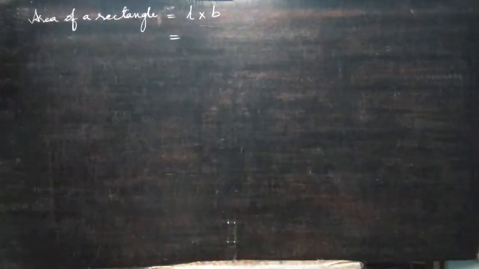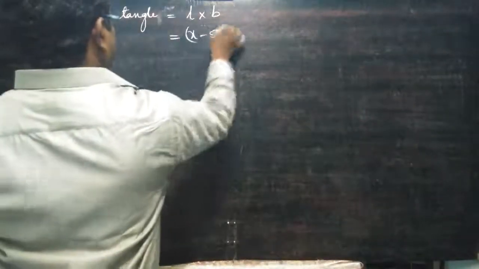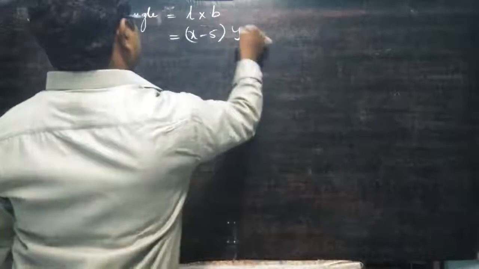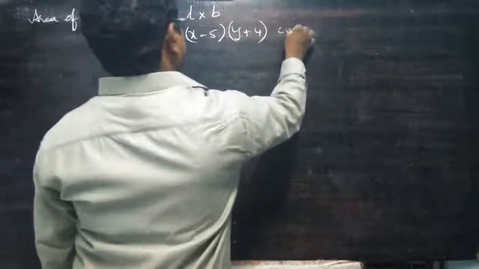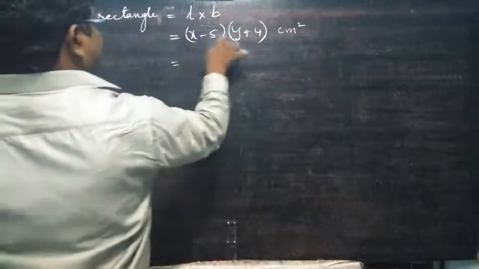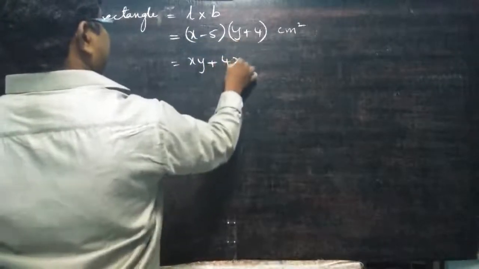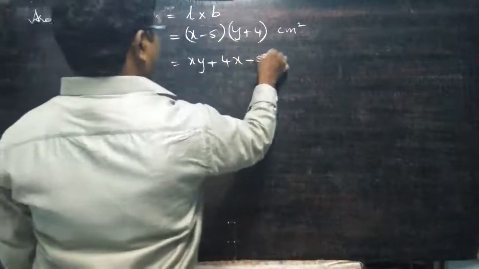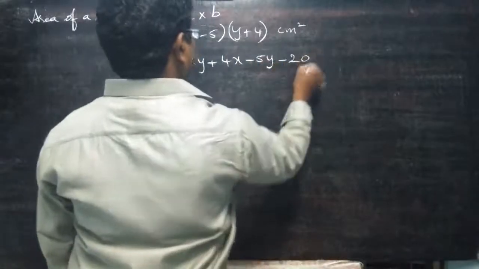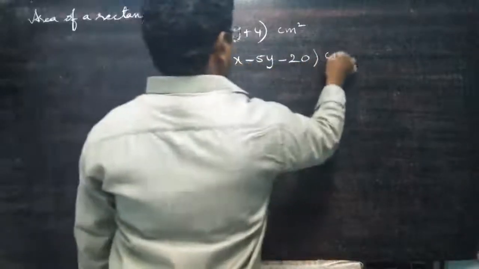X minus 5 into y plus 4 centimeter square. X into y, xy, plus 4x minus 5y minus 20 centimeter square.